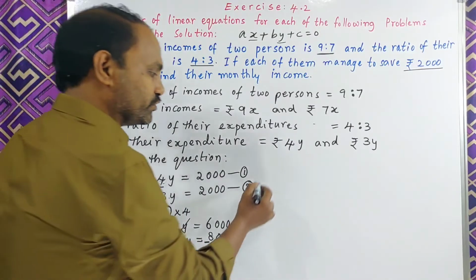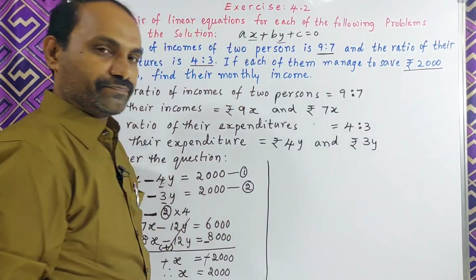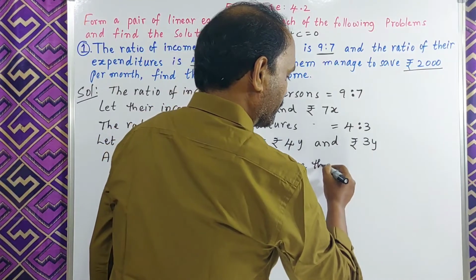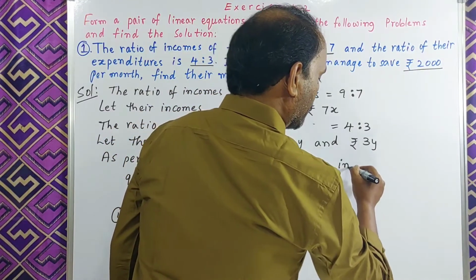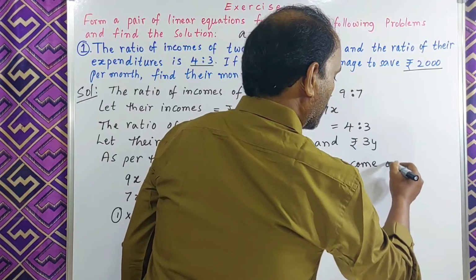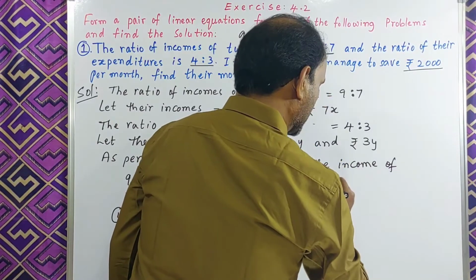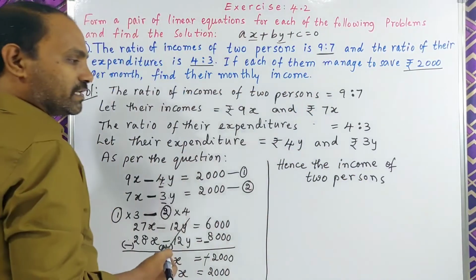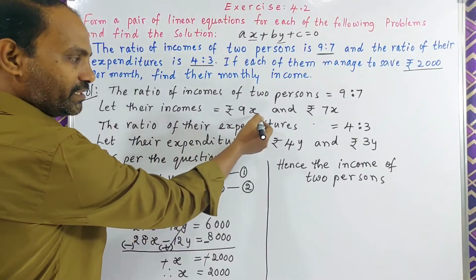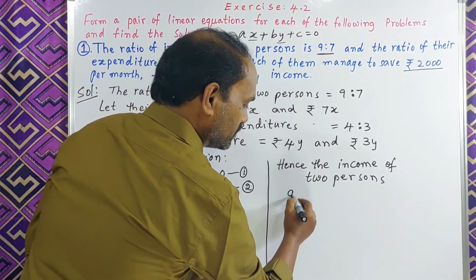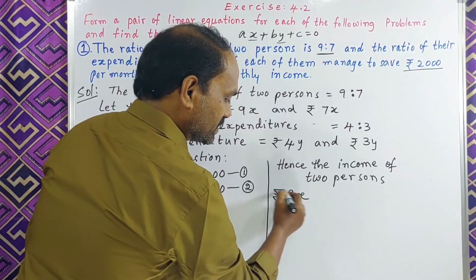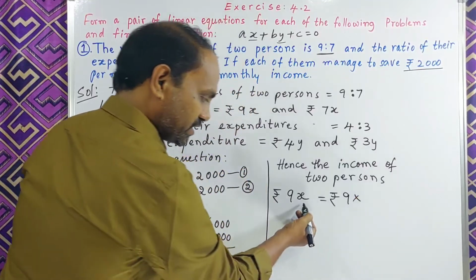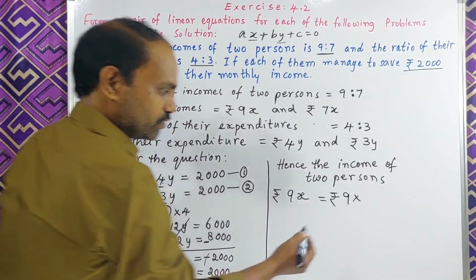Now we should write their incomes. Hence, the incomes of the two persons. First person income is 9x rupees, which means 9 into the x value. What is the x value? 2000.